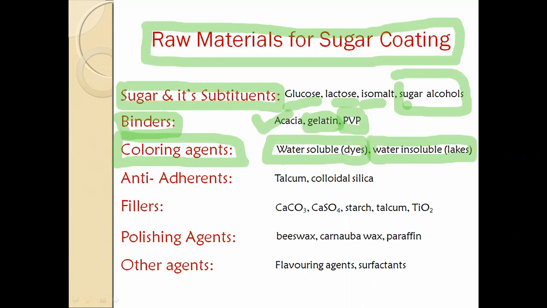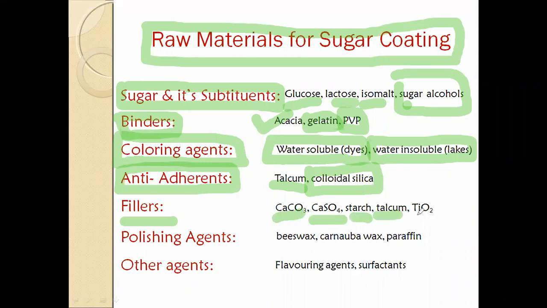Then other components which go as raw material for sugar coating include anti-adherents such as talcum, or you can use colloidal silica. Then fillers are also required. So calcium carbonate is used, then we have calcium sulfate, starch, talcum, and we can use titanium dioxide also.